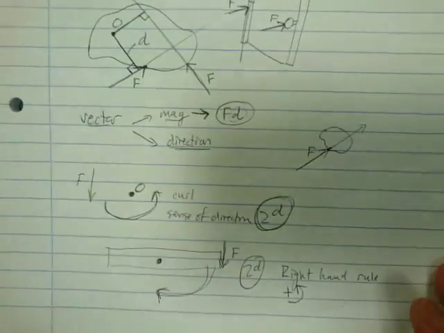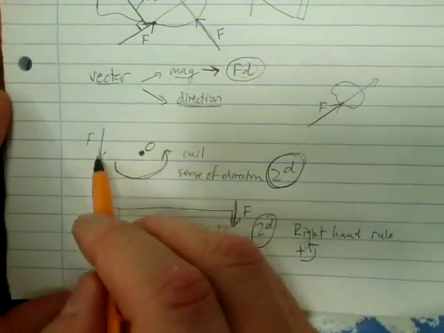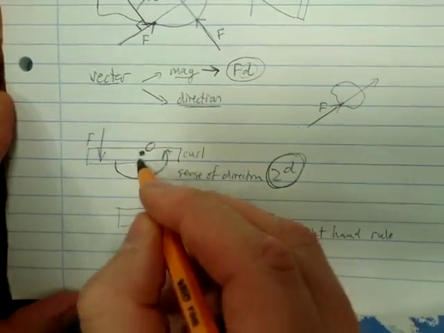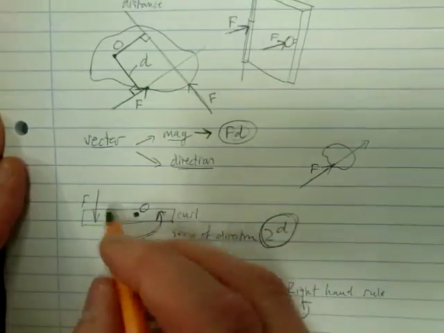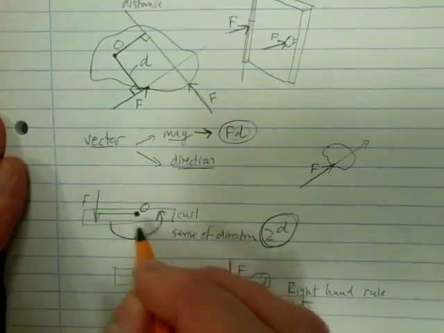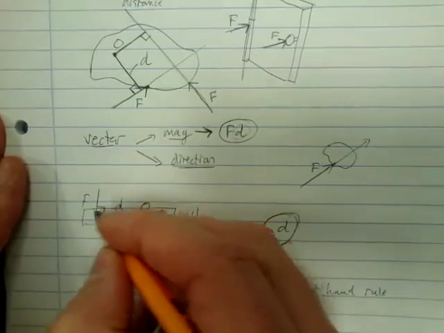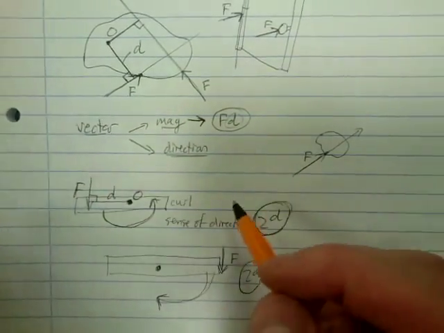So what does that mean essentially? It means that if I'm applying a force like this on a body, say the ruler, and there's my point of rotation, then my magnitude will be the force times the perpendicular distance, F times d. Calculate my d, I have to know my F. But then, because it's a vector, I need to give it a direction.